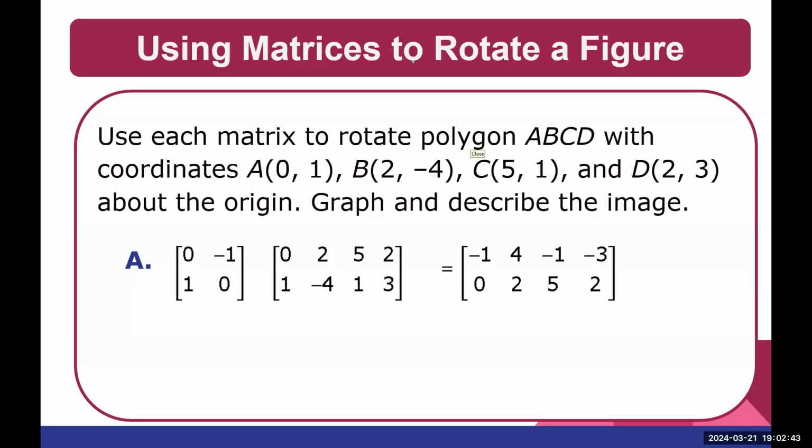Okay, Marshall, I'll go back after a second, after I go through this. So remember, what was the general form that we needed to recall? Cos theta, negative sine theta, and sine theta, cos theta.